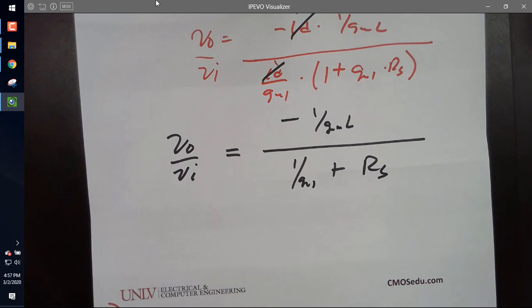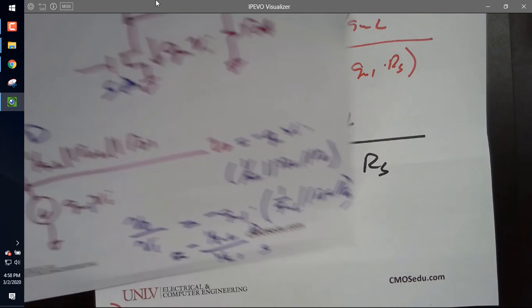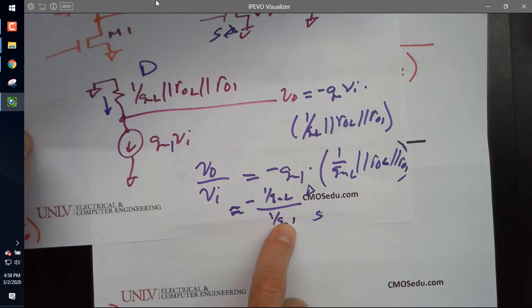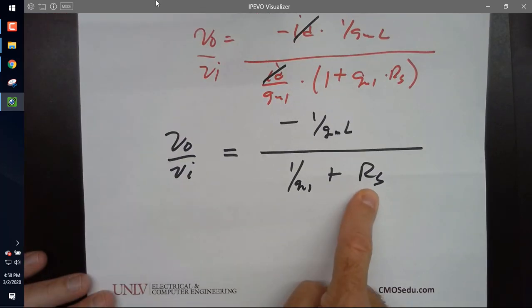But if RS is 0, does that match what I derived a moment ago? A moment ago, with RS equal to 0, I got 1 over GML divided by 1 over GM1. Here, if I put RS to 0, I get the same thing.